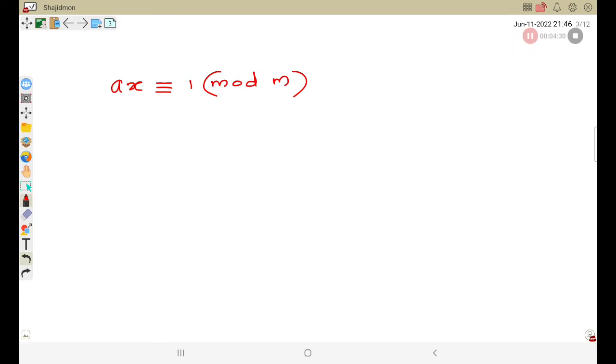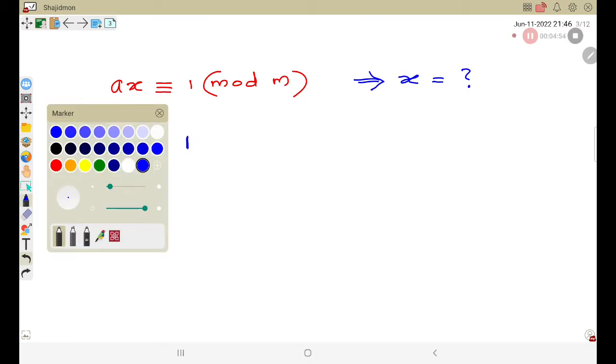From here we need to get the number x, the solution of this linear congruence. So x is congruent to what? We need to calculate that. Now here we are considering b equal to 1, ax congruent to 1.